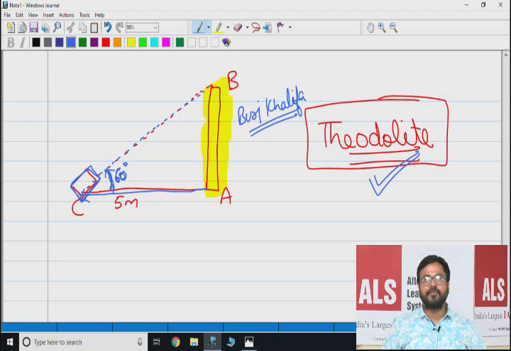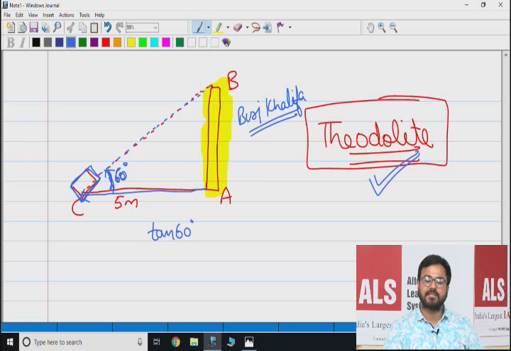You know the angle of elevation, which is 60 degree, and you know the base length also, which is 5. So in this triangle, we know two things: the base and the angle 60 degree. Using these two pieces of information, we can find the height of the building. Height is the perpendicular, and the base and angle are given, so we can use tan.